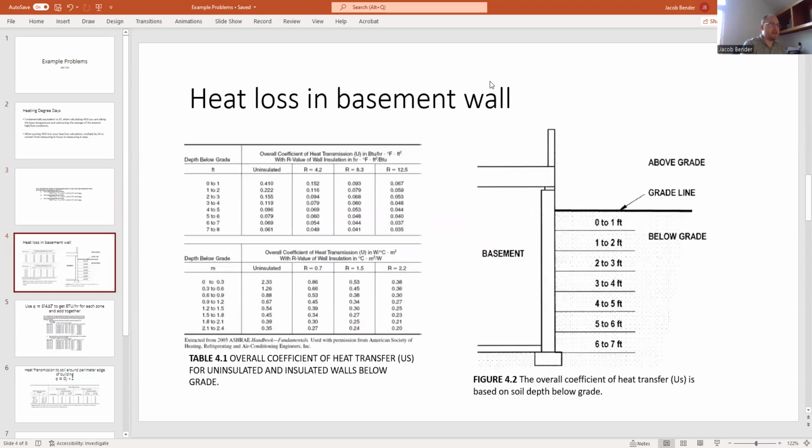With soil and having your losses in external walls, these are 2 charts that are also on the slideshow that goes along with your textbook chapter that you have access to. It goes with your depth below grade and the heat transmission to the wall in those aspects. And you can see in each of the cases, it's got a column for uninsulated and then 3 different R values that are in place.